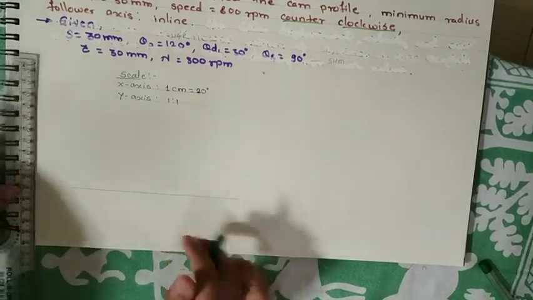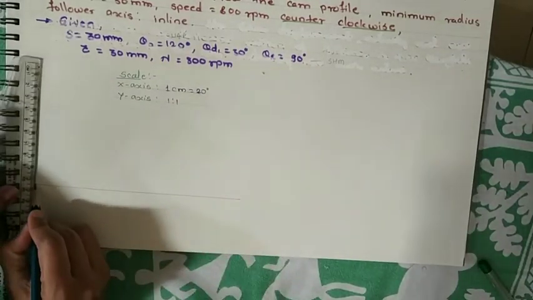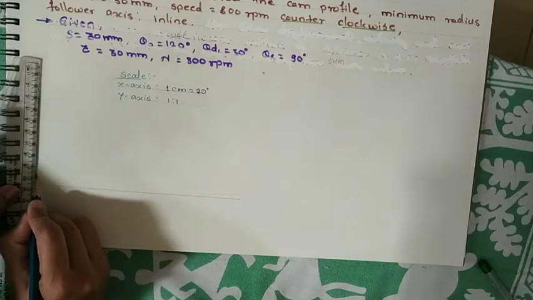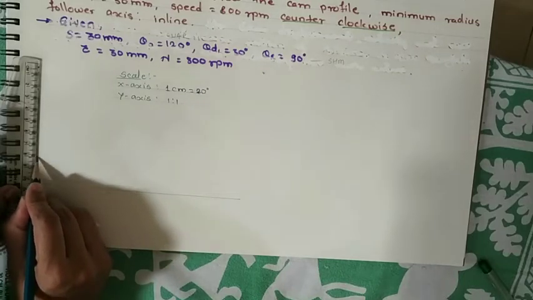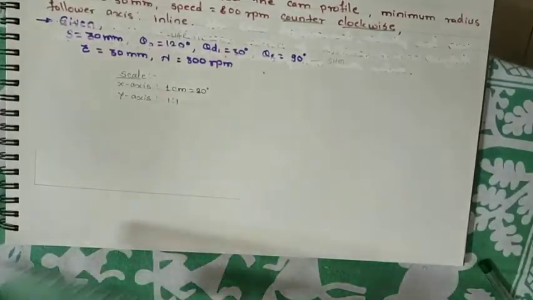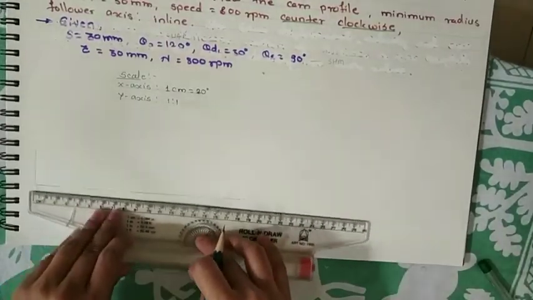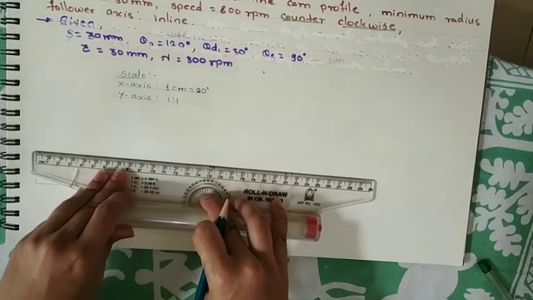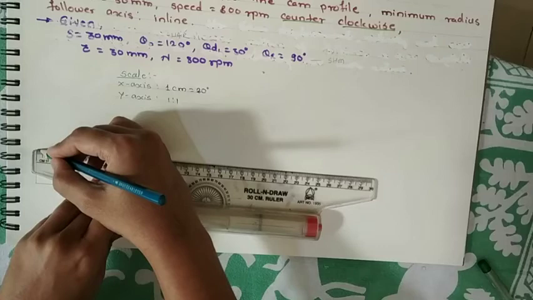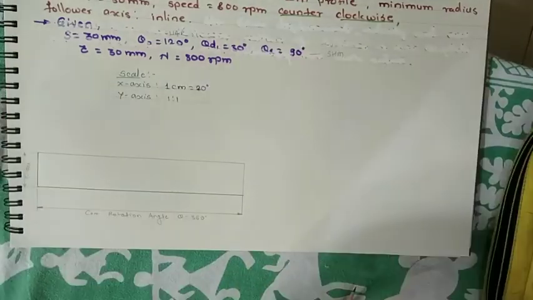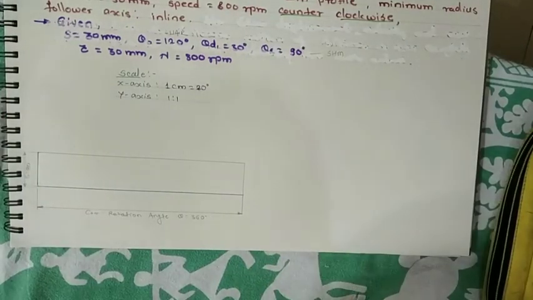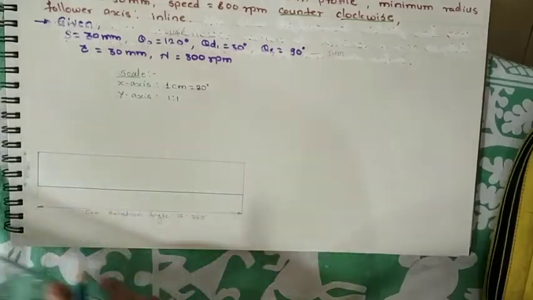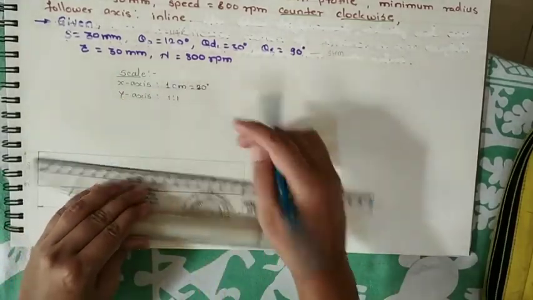After that, draw the stroke length. The stroke length is given as 30 mm, so mark a distance of 30 mm, that is 3 centimeters, and after completion of the stroke length, just complete this block.